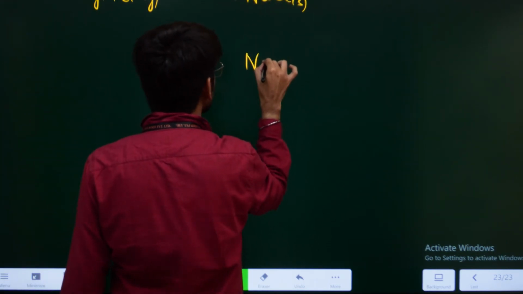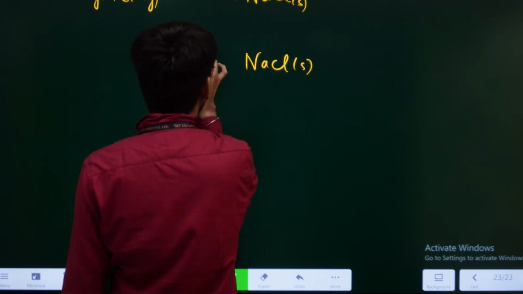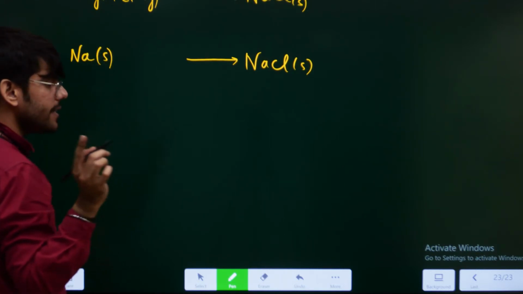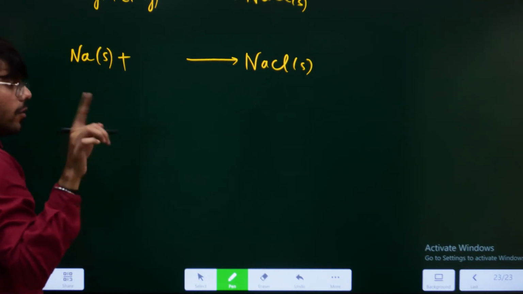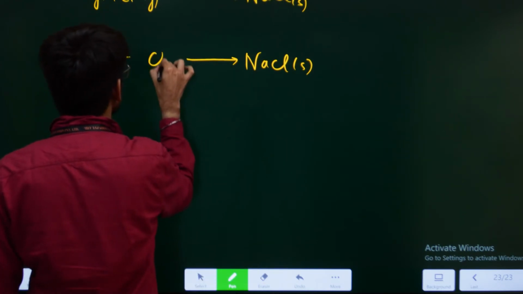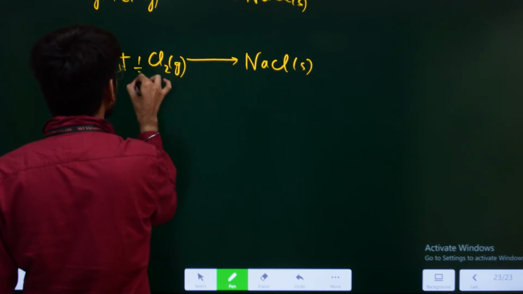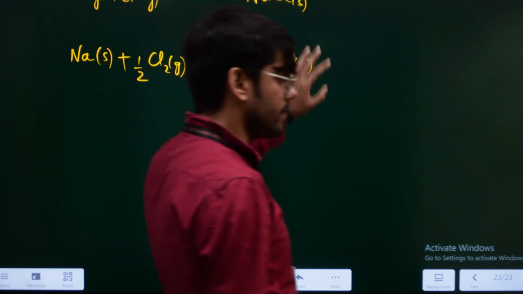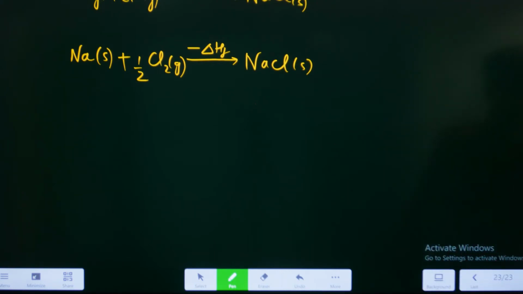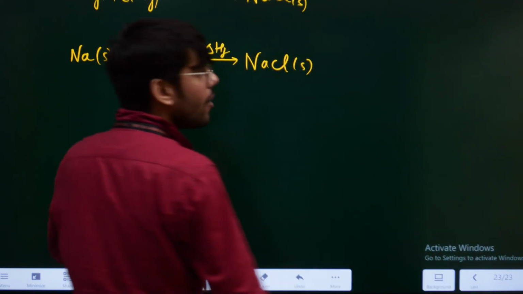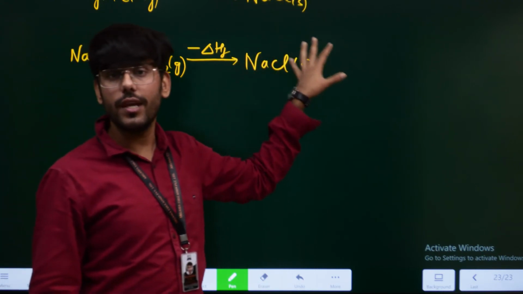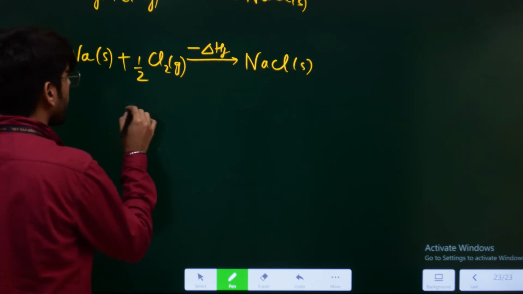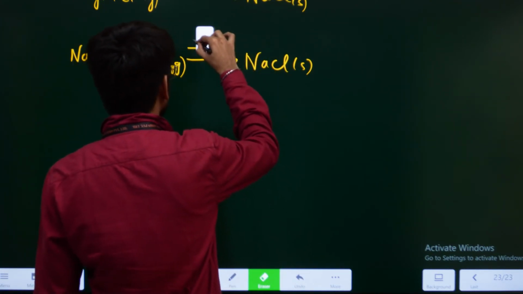And if I write the formation of NaCl in this manner, we find Na in the solid state and chlorine in the gaseous form, so Cl2 gas, then the energy released is the heat of formation. This is the difference. Now we will calculate the lattice energy using this. First of all, let me write it in this manner.